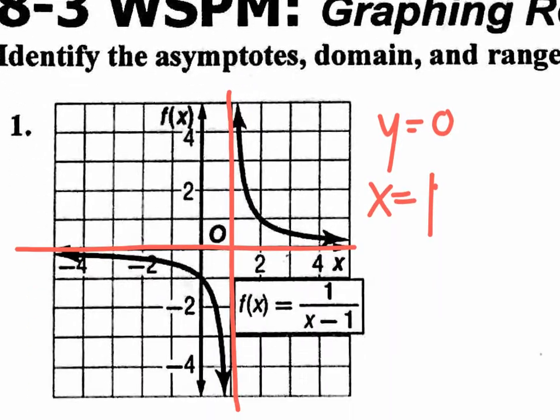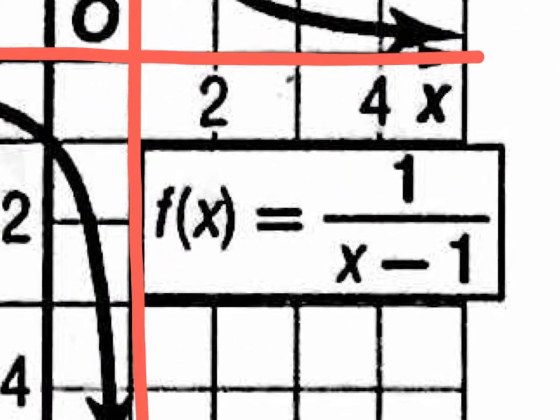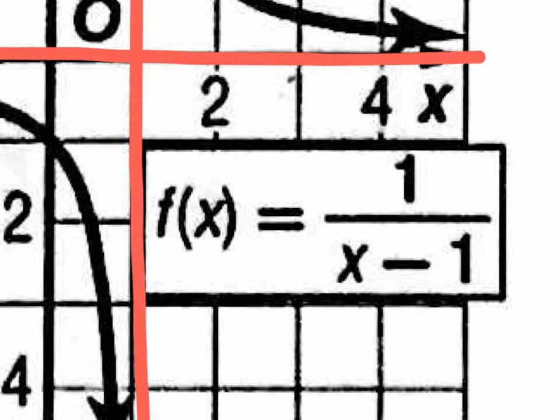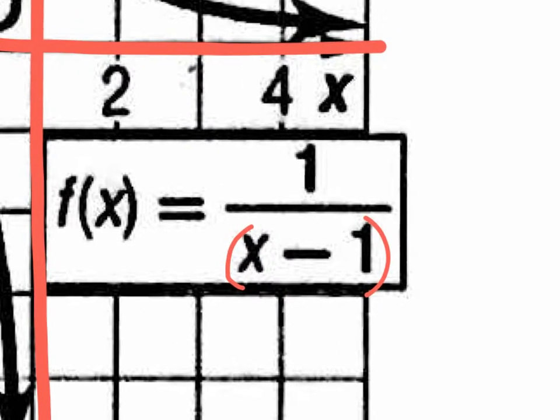So let's go back and look at the actual function of this hyperbola. These are called hyperbolas, by the way, these curves that infinitely approach lines but never actually touch. Here's the function. What's the h value? Remember, h is always in parentheses with x, and you have to think opposite.